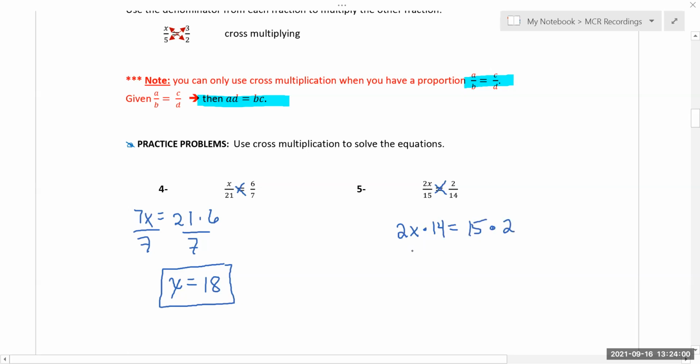So that actually gives me 28x equals 30. Divide by your 28. And then reduce that fraction down to 15 over 14. And I do that by dividing each of these by 2, as long as I do it on top and bottom.